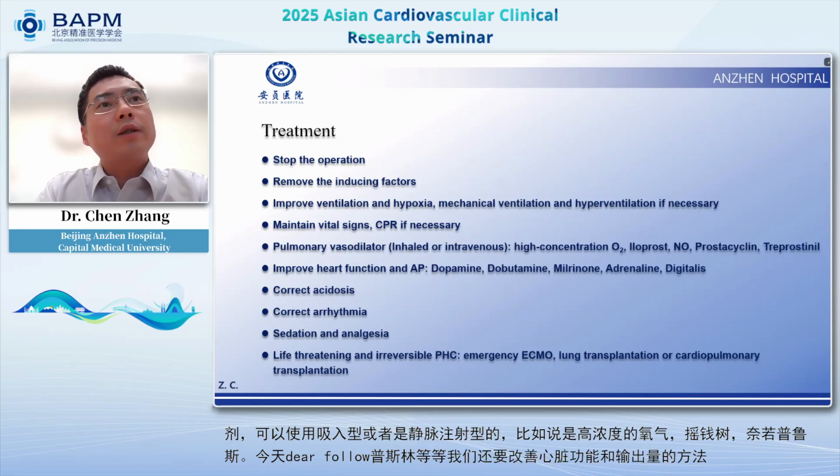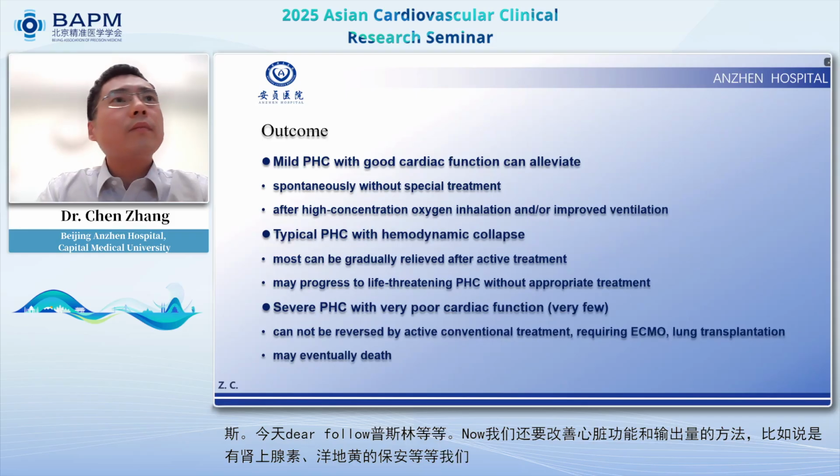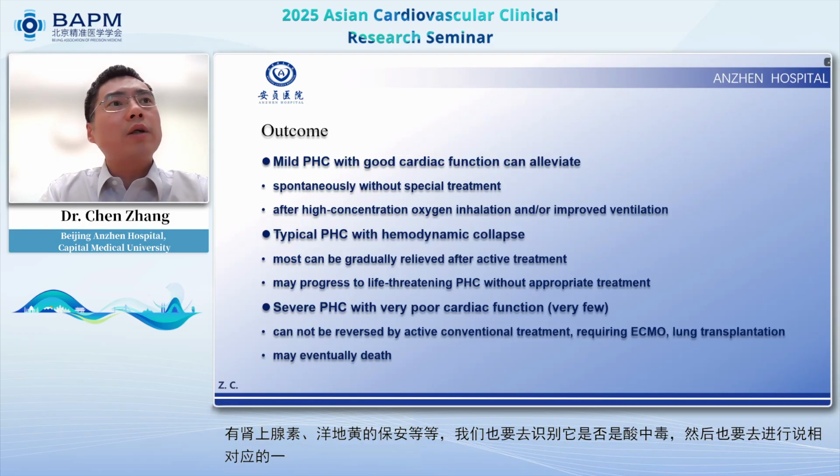According to our experience, mild PHC with good cardiac function can alleviate spontaneously without special treatment, or after high concentration oxygen inhalation and or improved ventilation.